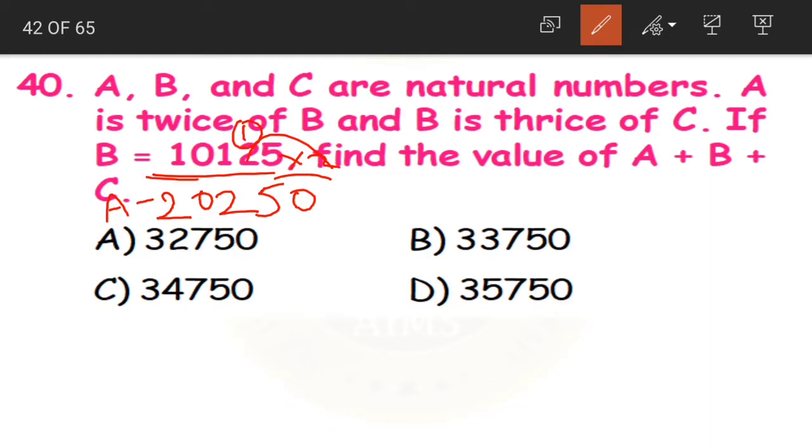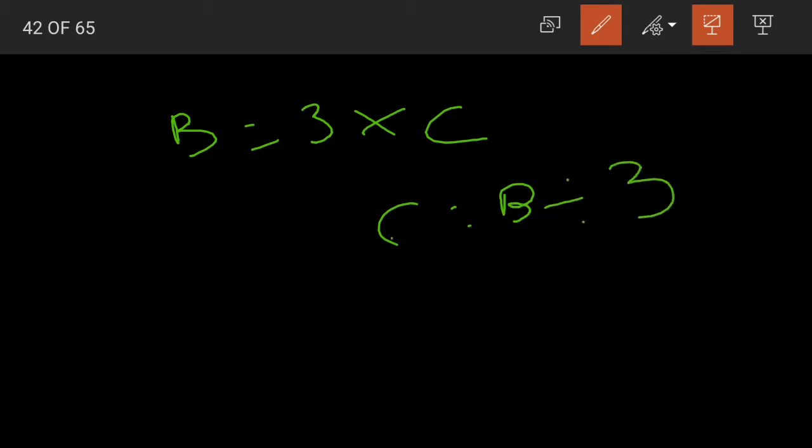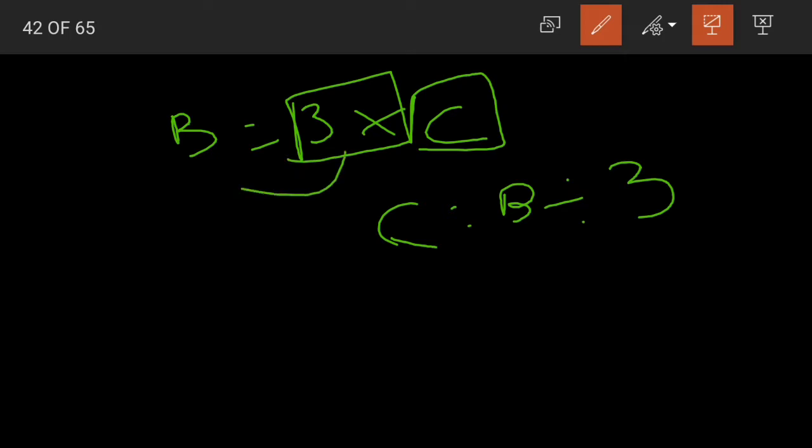Now to find out the value of C, see, B is thrice of C. What can be the value of C? C is B divided by 3. Now we want only C here. We are taking this 3 to the other side.